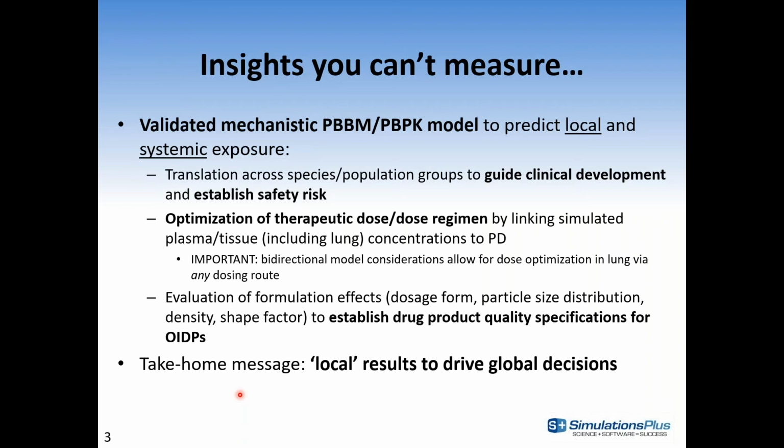And one thing that I'll stress in a few minutes when we start talking about the model in more detail is that this pulmonary system is bidirectional, which means that we can start optimizing for dose or dose regimen utilizing target lung concentrations as our variable, with products that are either going to be inhaled through the mouth and through the nose, or things that may be taken orally or applied topically or injected and may systemically circulate and be taken up into the lung.